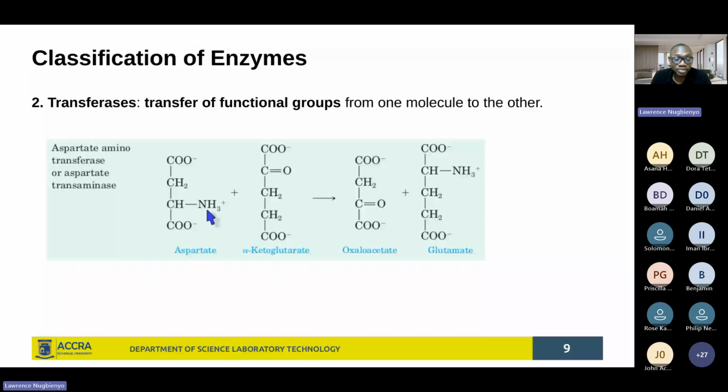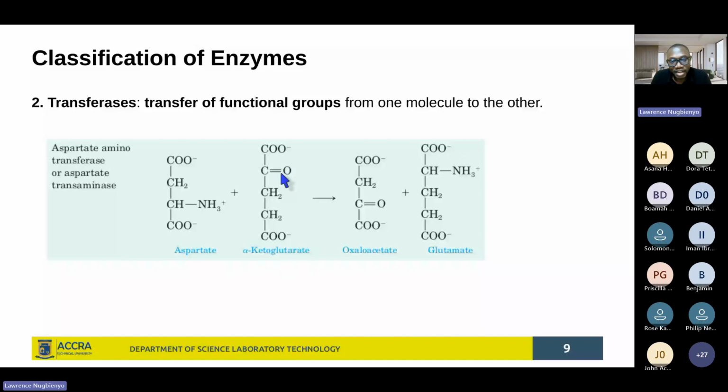So even if you forgot what you did in first year, you saw it again at the beginning of this course. So aspartate, the same as aspartic acid, you see there's that amine group there, NH3 plus. Now, if you pay attention, that NH3 plus will change a position with this C double bond O, which is on alpha ketoglutarate.